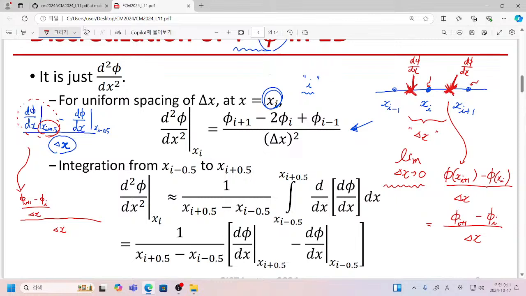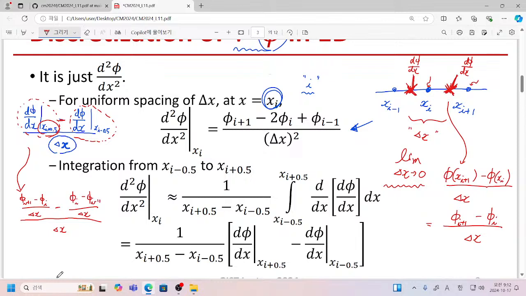Yes, that's it. And we have a minus sign here, and we can repeat this job once again for another midpoint between x_i and x_{i-1}. So it can be written in this form.